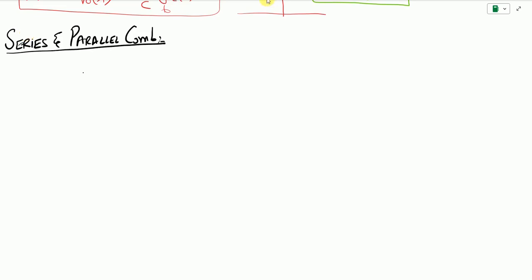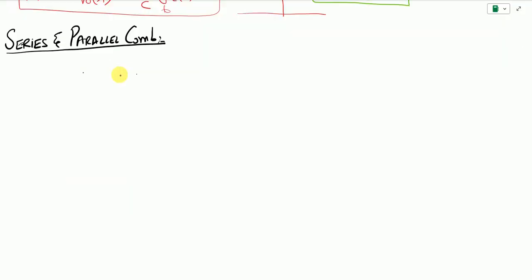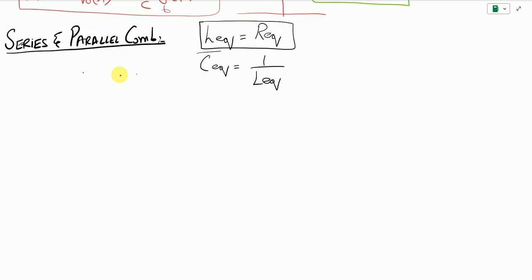We saw previously that the equivalent equations for inductors were similar to those for resistors, but in the case of capacitors, the equivalent is going to be the inverse of what we saw for the inductors. So this is going to be an inverse relationship.